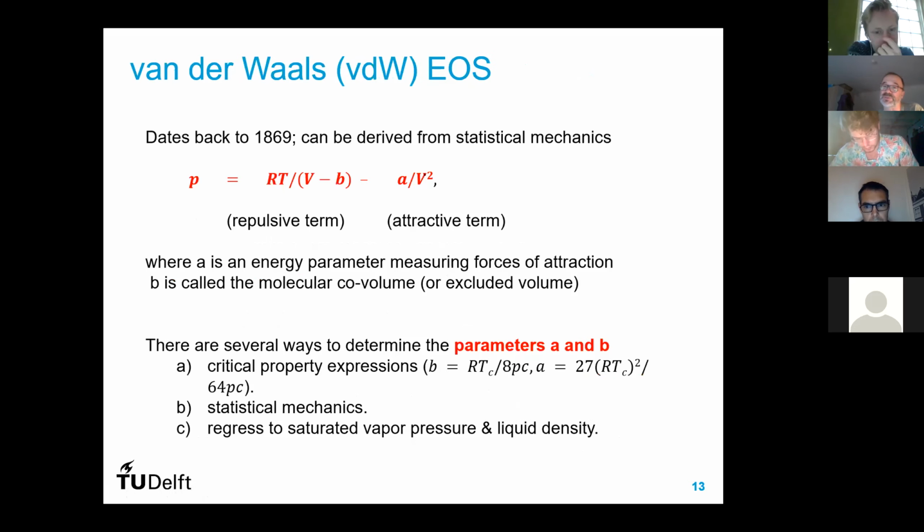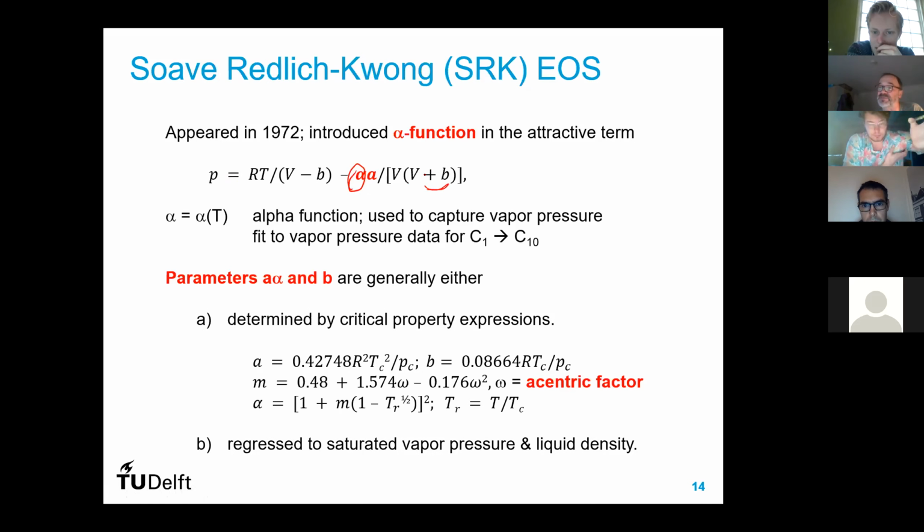If you look into the original van der Waals equation of state, it was a v squared term, and now it's v squared plus some linear dependency. The same story here: now instead of A, sometimes A multiplied by alpha is called the A operator.